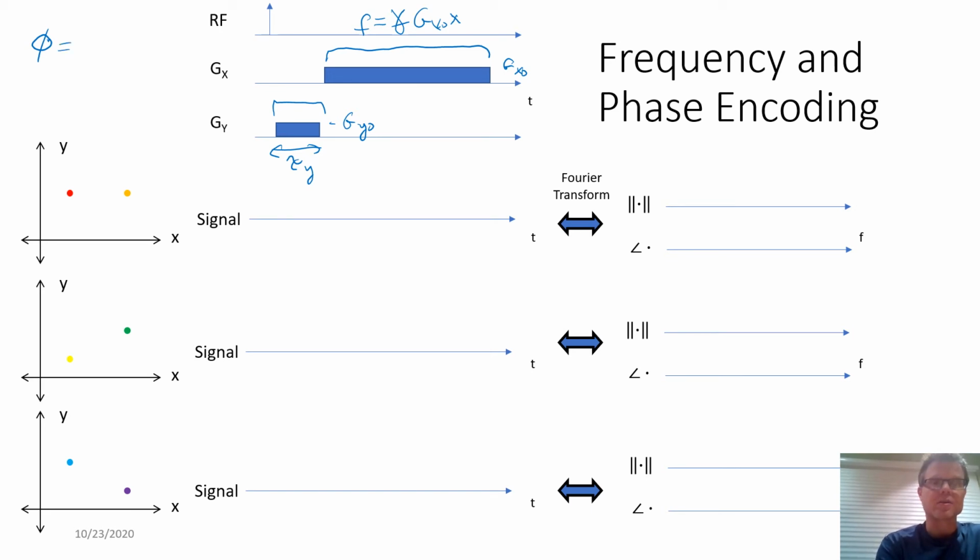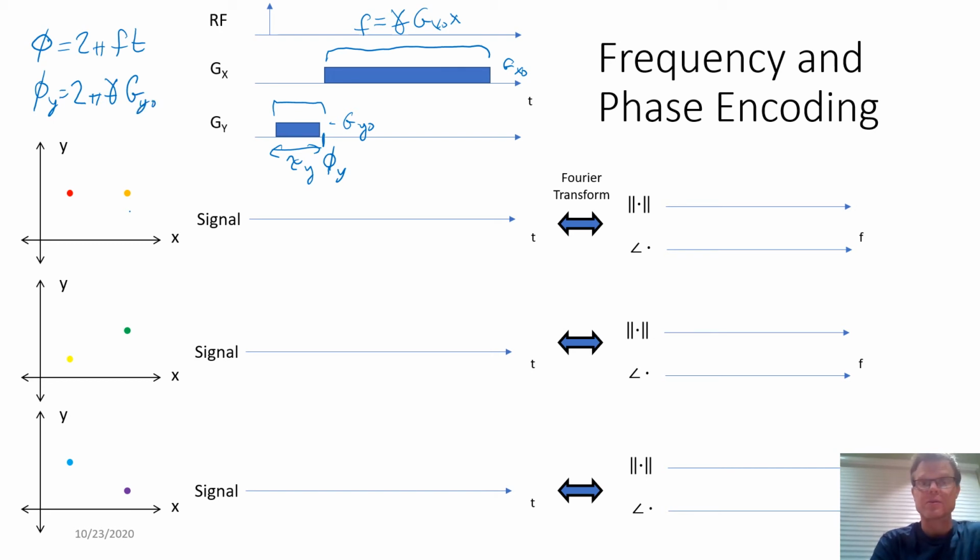Phase generally is simply 2 pi times the frequency times the time. So if we want to look at, let's call this phi y, or phase in y, after this pulse, then this is going to be 2 pi gamma bar gy0 y.